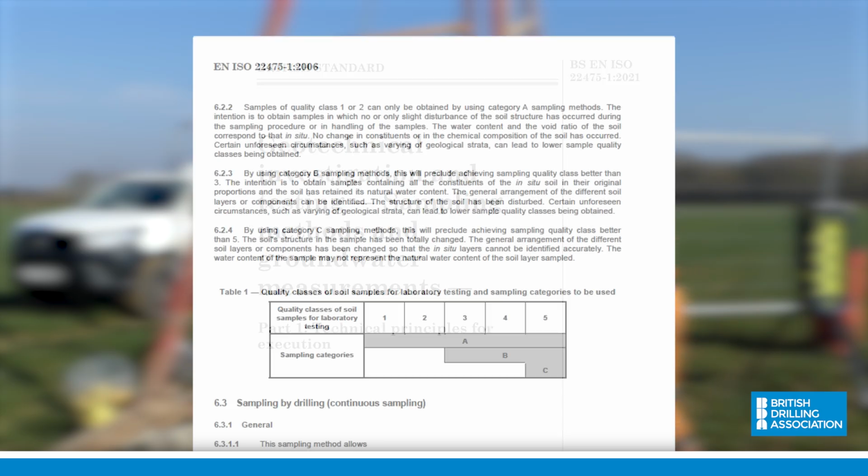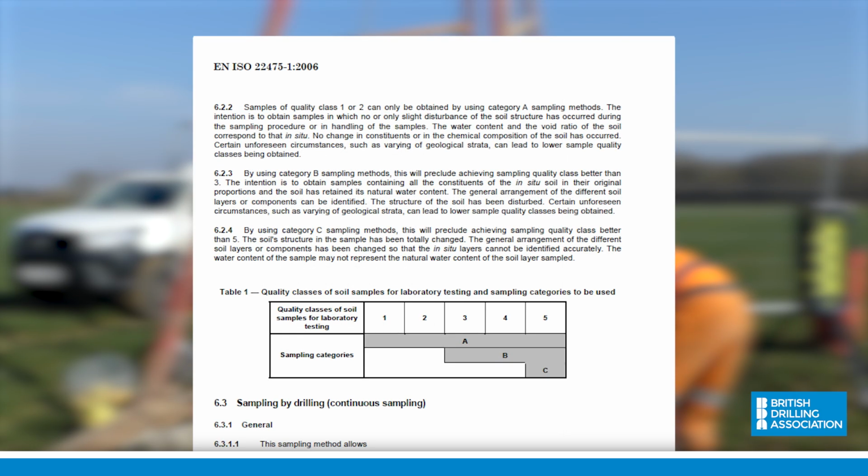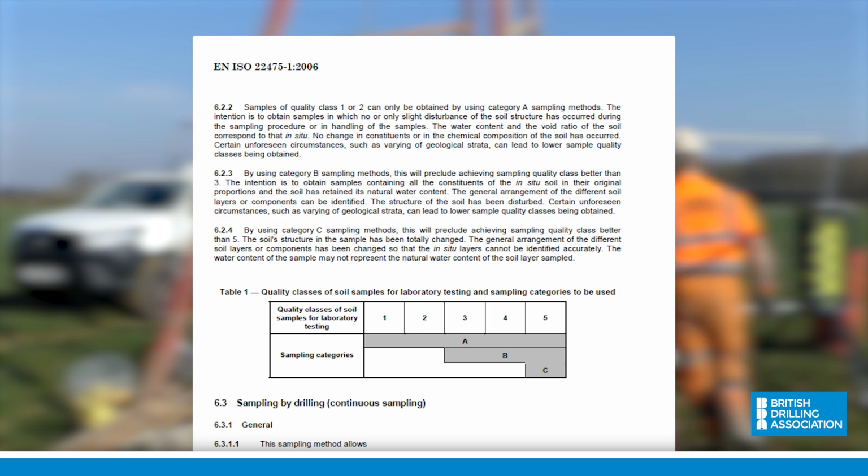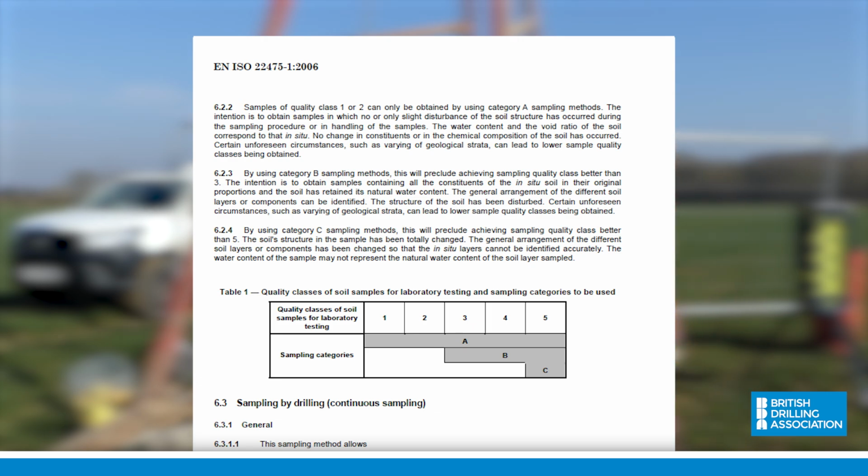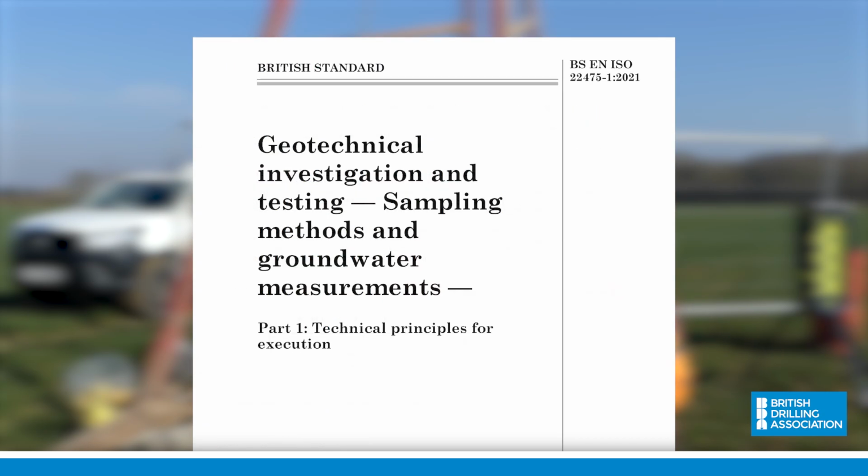For example, Class 1 samples are of the highest undisturbed quality, which means that all types of laboratory testing can be carried out. On the other hand, Class 5 samples are highly disturbed, which drastically limits the tests that can be completed, meaning they can only be used for general classification.